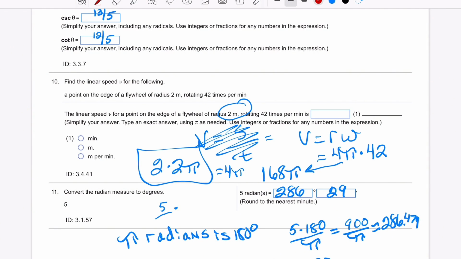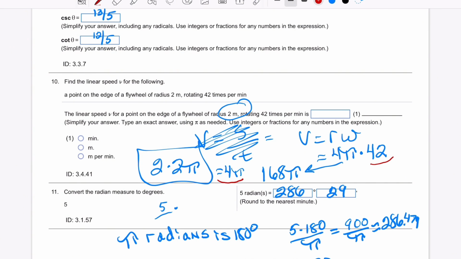Going around the circle one time is 2 pi, right? So you just need to multiply the radius by that. And then we take what we get from that and multiply it by the 42 times per minute. And that's how we end up with that answer.